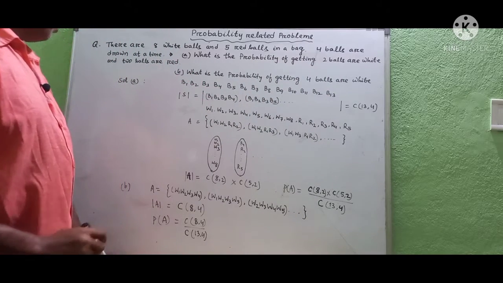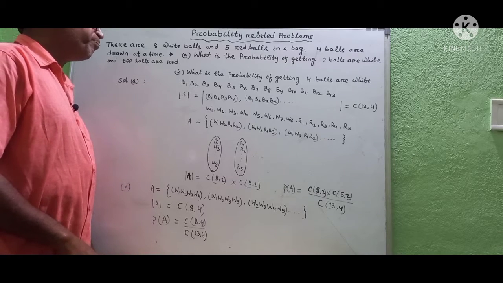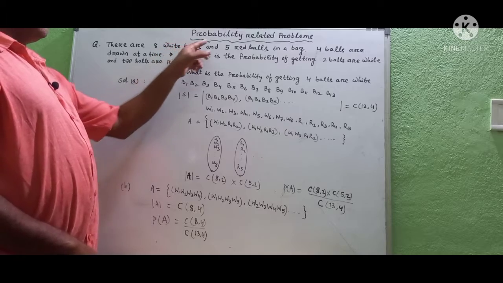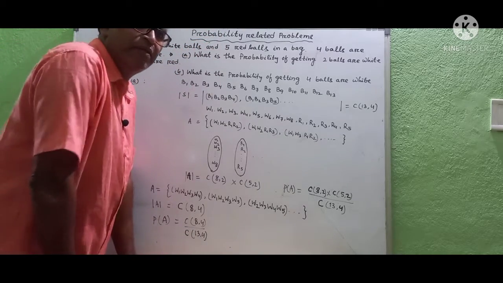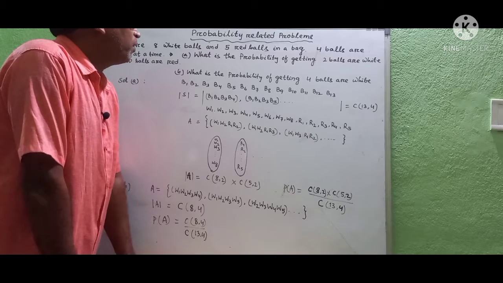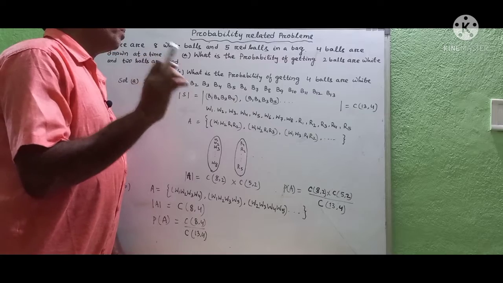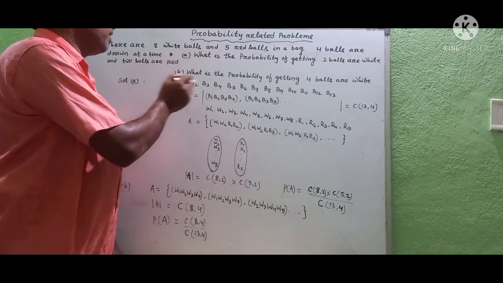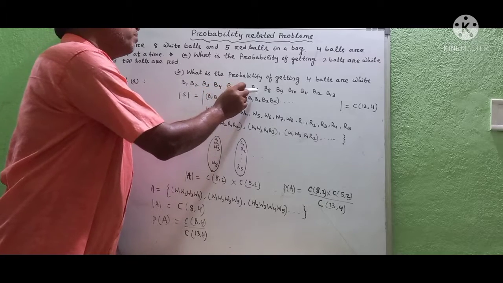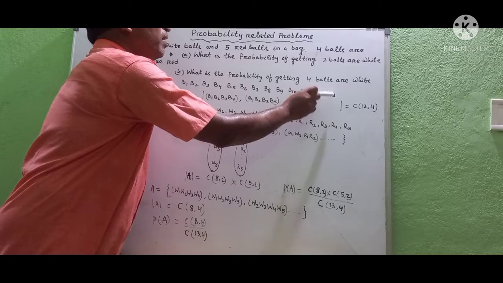Come to the solution. Solution A. You see, there are 13 balls in a bag. Name the balls like this: B1, B2, B3, B4, B5, B6, B7, B8, B9, B10, B11, B12, B13.